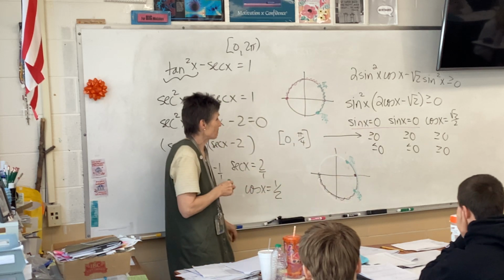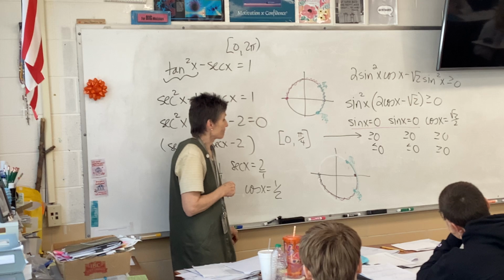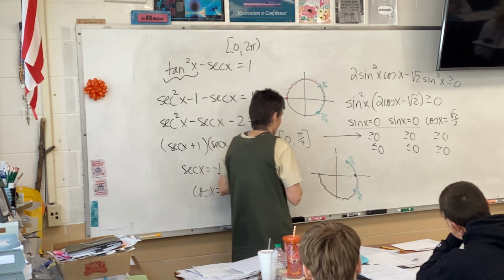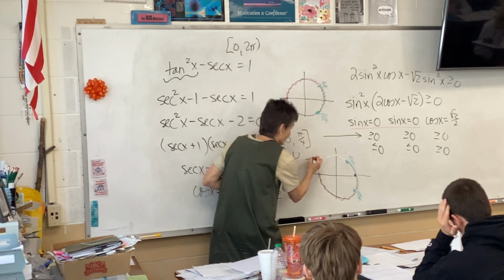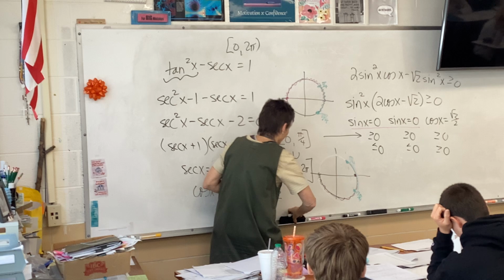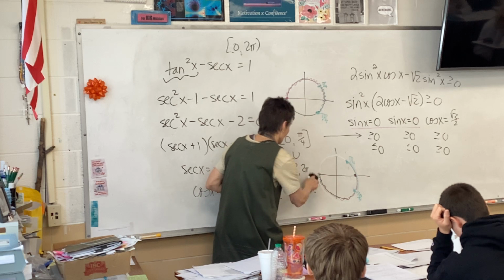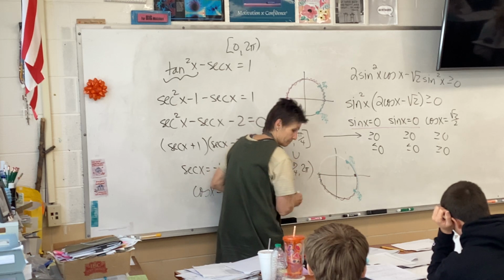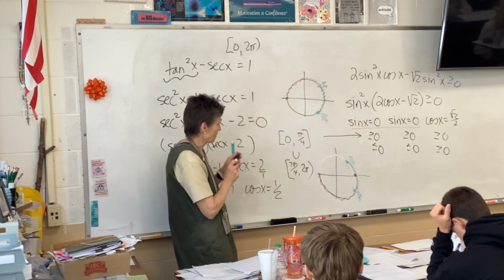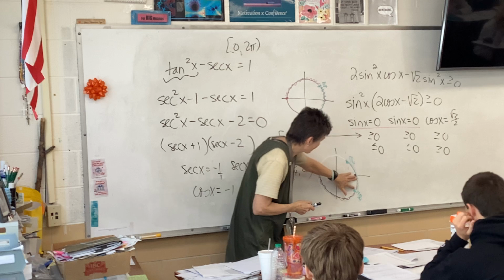Sorry about that. So my intersection is from 7 pi over 4 to pi. Right here.